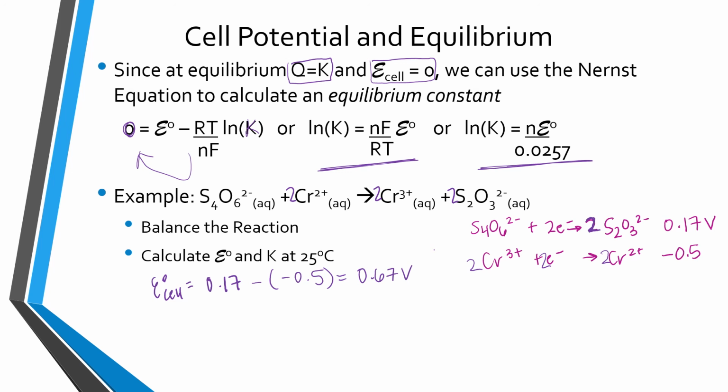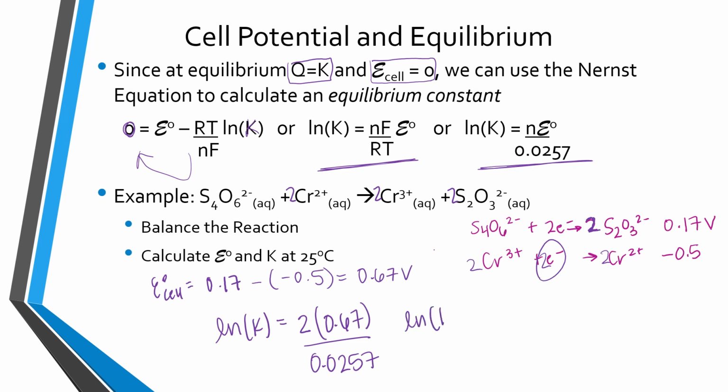So now I can use that to calculate K. So I'm going to plug in natural log of K is equal to N is 2 times the standard 0.67 over 0.0257. 2 times 0.67 divided by 0.0257 gives me that the natural log of K is equal to 52.14.